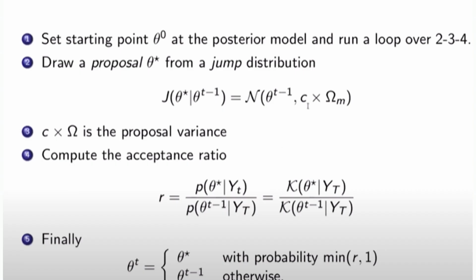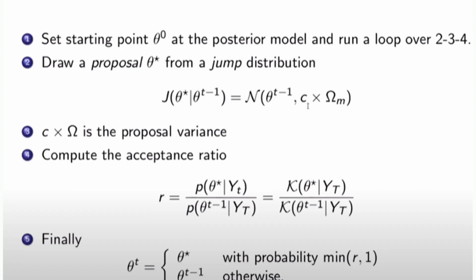If the ratio is larger than 1, meaning that the proposed point has a higher density than the previous one, we always jump to the new point. So we can move toward an area of higher density, and if the density of the new point is smaller than the density of the previous point, then we are only going to jump with the probability corresponding to the ratio.